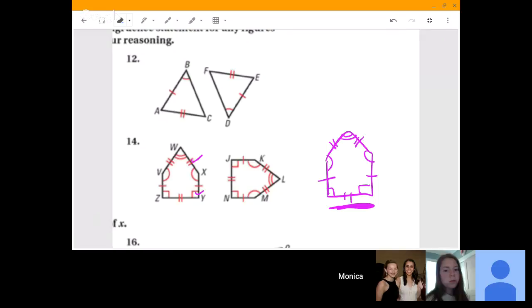You're supposed to write a congruent statement for that. So remember, when you're writing your congruent statement, the order of your letters matters.